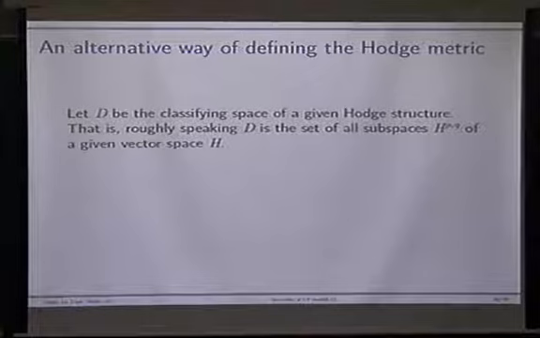So what we can do is use the classifying space method. This is somehow related to Professor Tu's talk yesterday. Basically, we use the fact that if you have a complex submanifold, then you have smaller curvature.